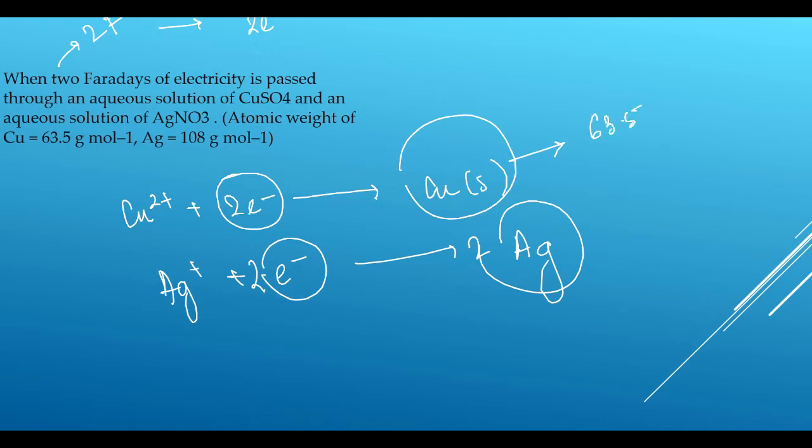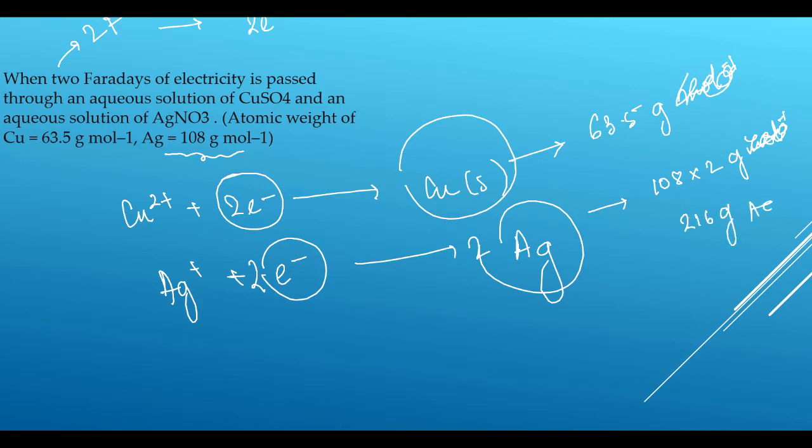That means 63.5 gram per mole of copper will get deposited. And if 1 mole of silver is 108 gram per mole, how much silver will be deposited? 2 into 108, that will be 216 gram of silver deposited.